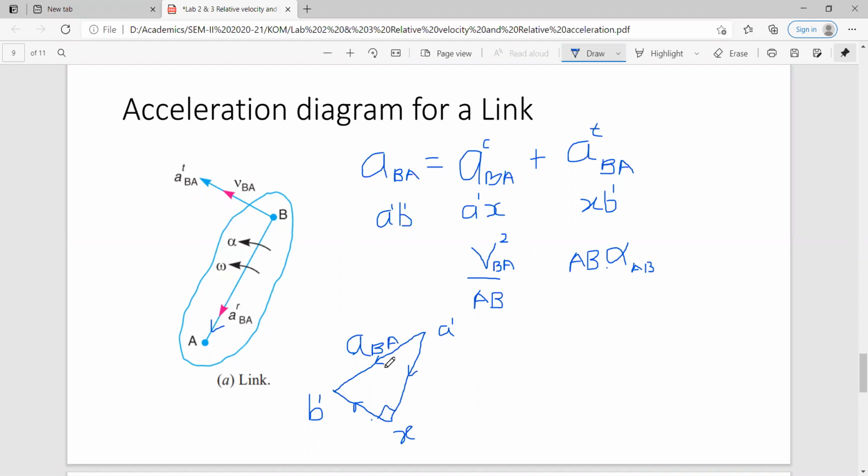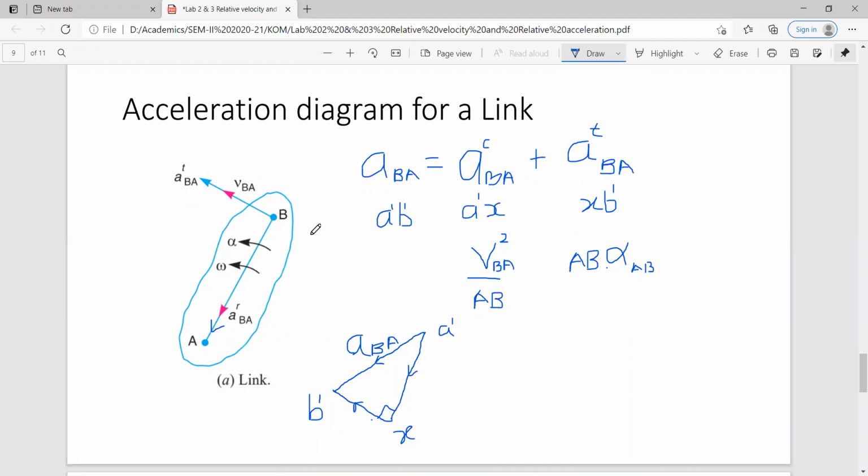So you can see that total acceleration is the vector addition of the centripetal component and the tangential component. So in this way you go on solving for every other link and you will complete the acceleration polygon.